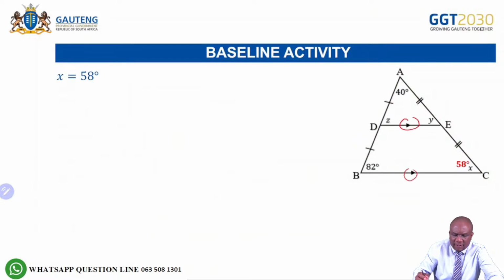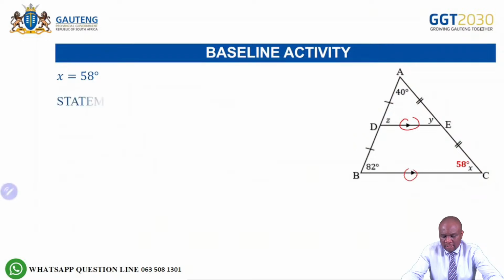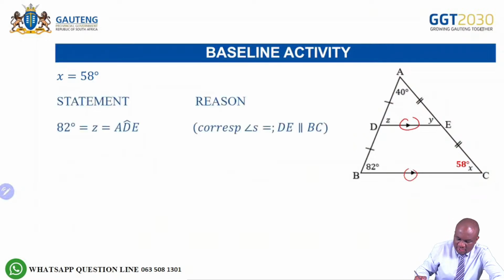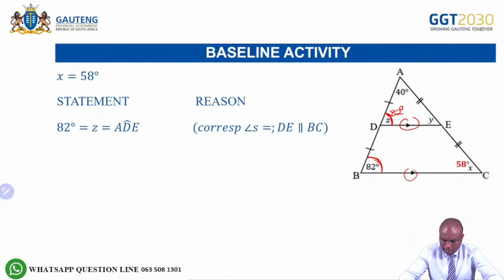Then remember the geometry of parallel lines: corresponding angles, alternate angles, co-interior angles. Z is equal to 82 degrees because these are corresponding angles.